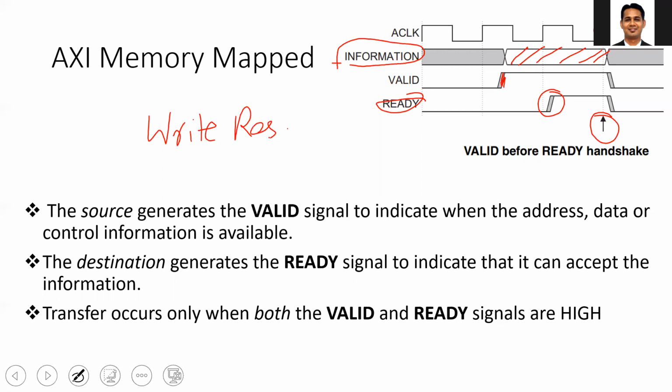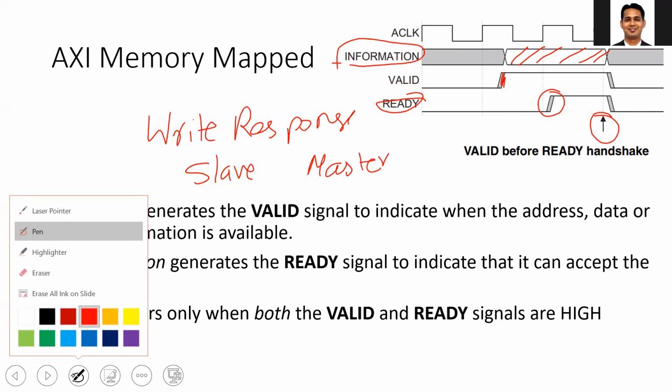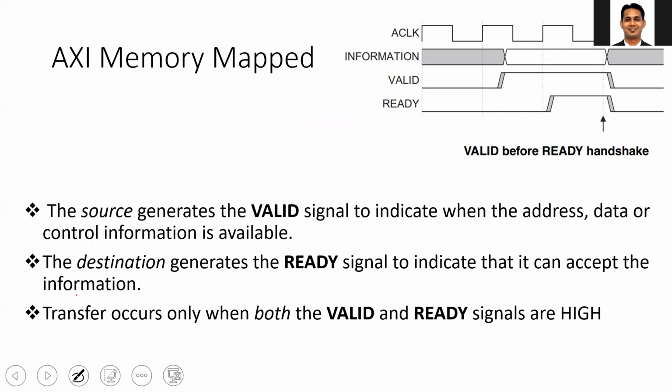In case of the write response, the slave is the information source and the master is the information destination. So here the slave will put the data on the bus, the slave will generate the valid signal, and then the master will generate the ready signal, and the transfer of data will take place.